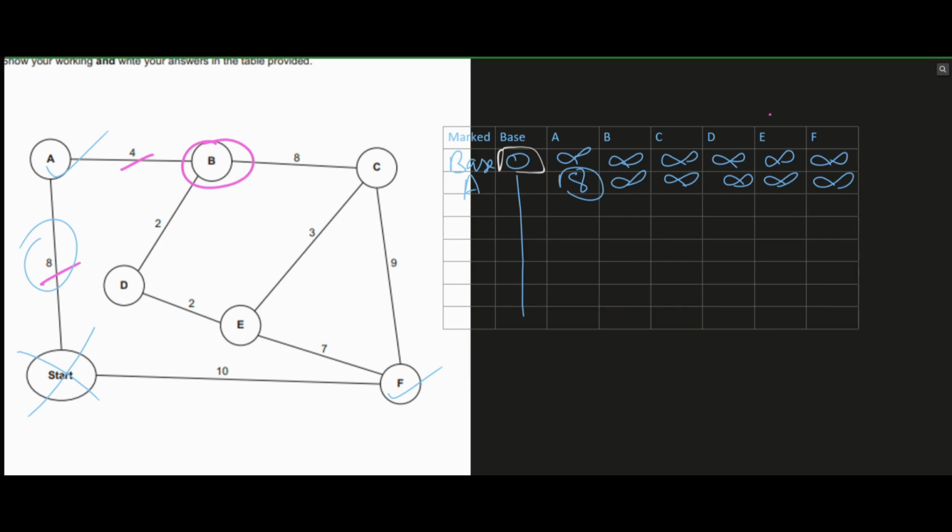Now the next one. I can go to F as well. So what is the distance for F? F is 10, right?